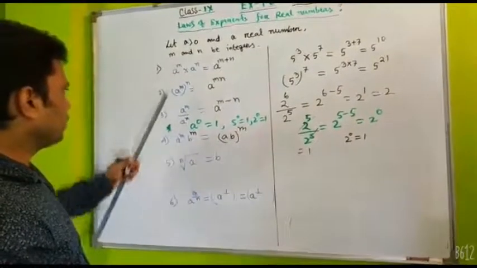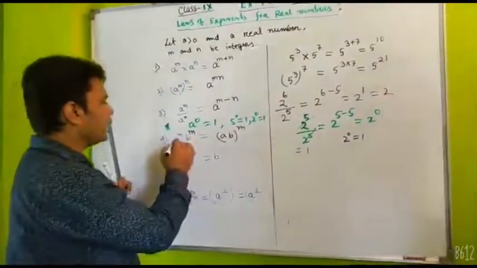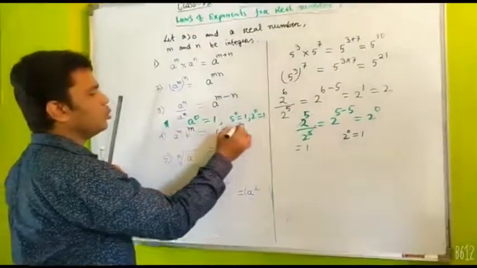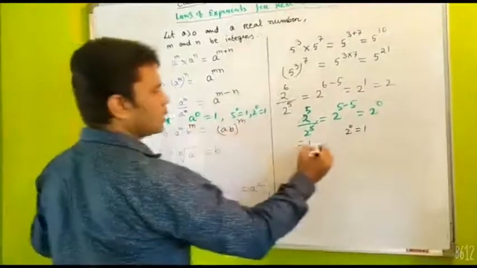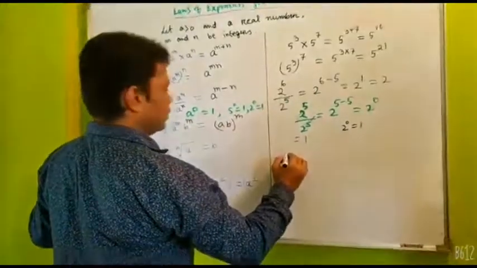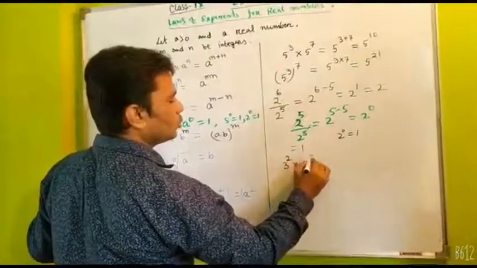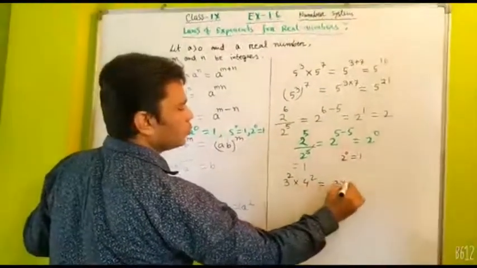Then we can write ab whole to the power n. How we can write? Suppose 3 to the power 2 into 4 to the power 2. We can write 3 into 4 to the power 2, that is equal to 12 to the power 2.